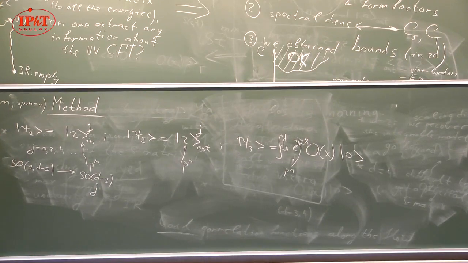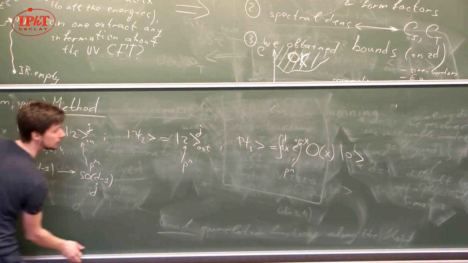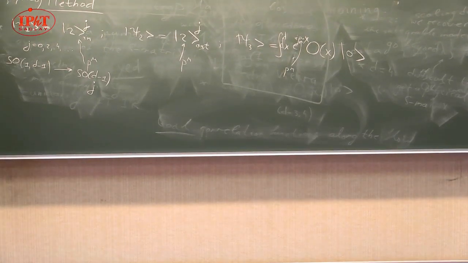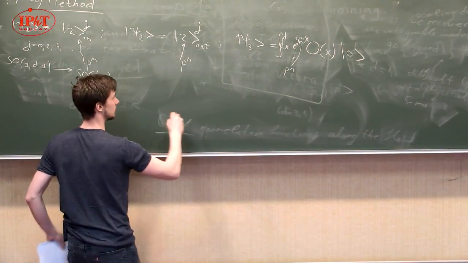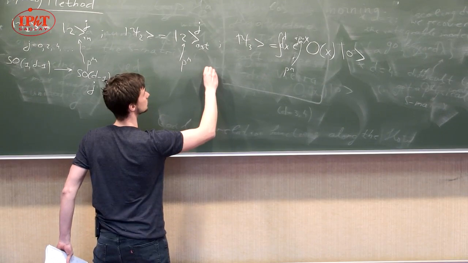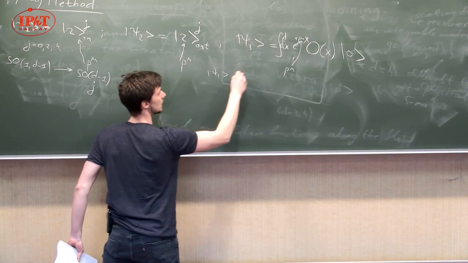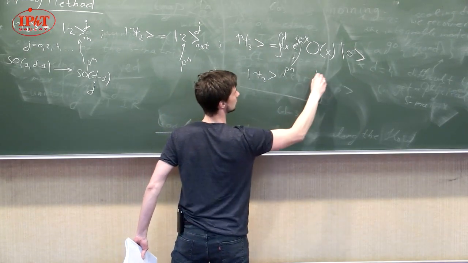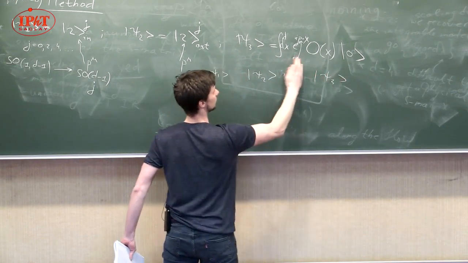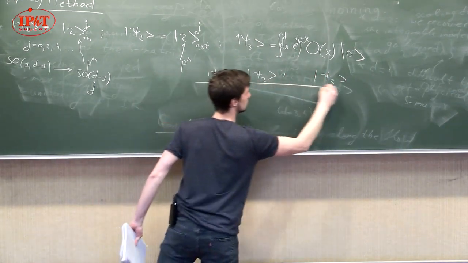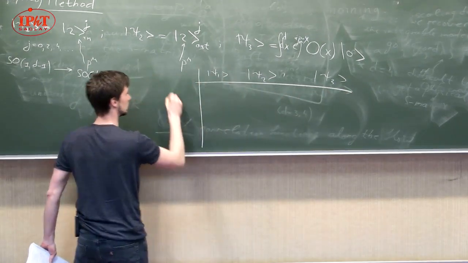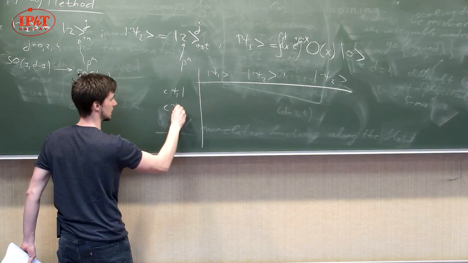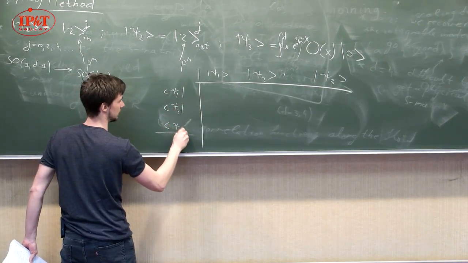So I would like to define these 3 states and then take all possible inner products of these states. So basically, I'll take psi 1, psi 2, psi 3. And here psi 1, and the conjugated states, psi 2 and psi 3.